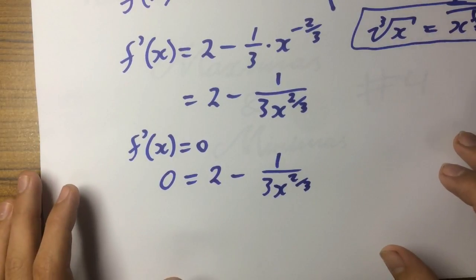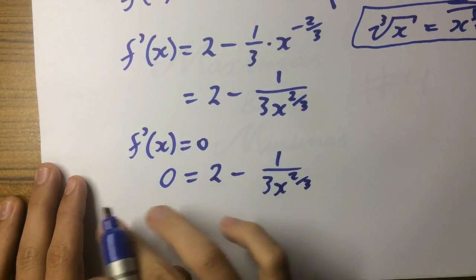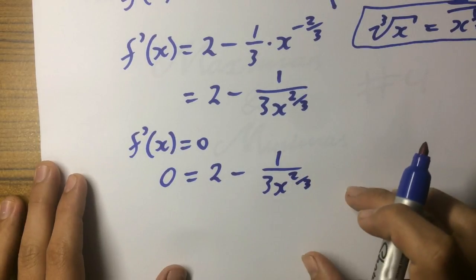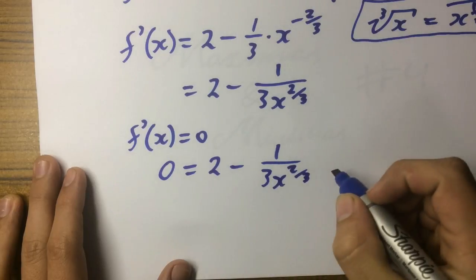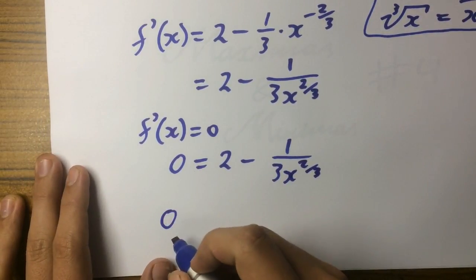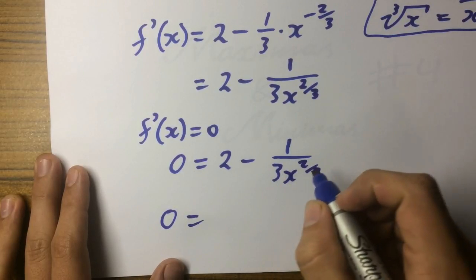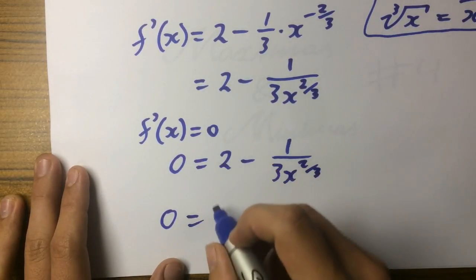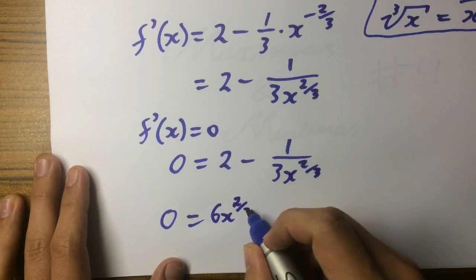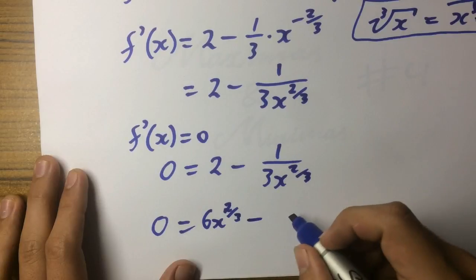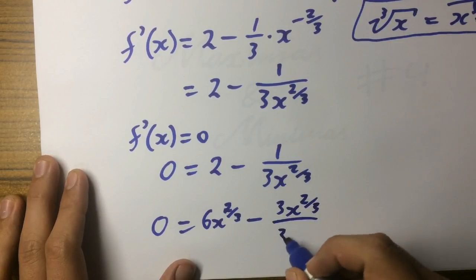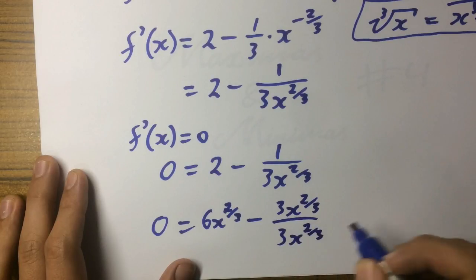So what we're going to do basically is multiply throughout this whole thing by 3x to the power of 2 on 3. It'll be 0 on this side because whatever you multiply by 0 will be 0. You multiply 3x to the power of 2 on 3 onto 2, and you get 6x to the power of 2 on 3 minus 3x to the power of 2 on 3 on 3x to the power of 2 on 3.